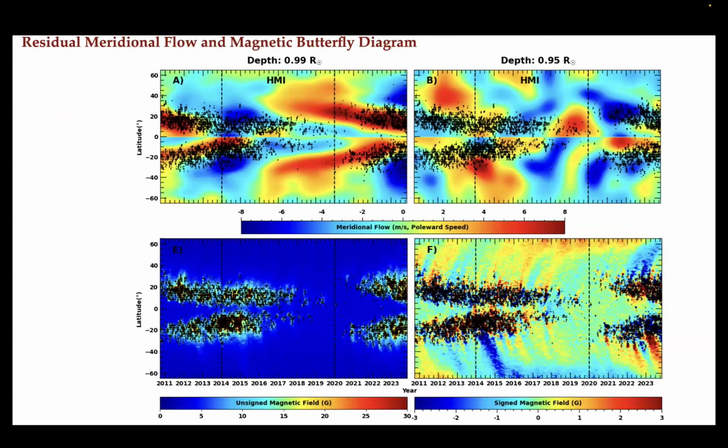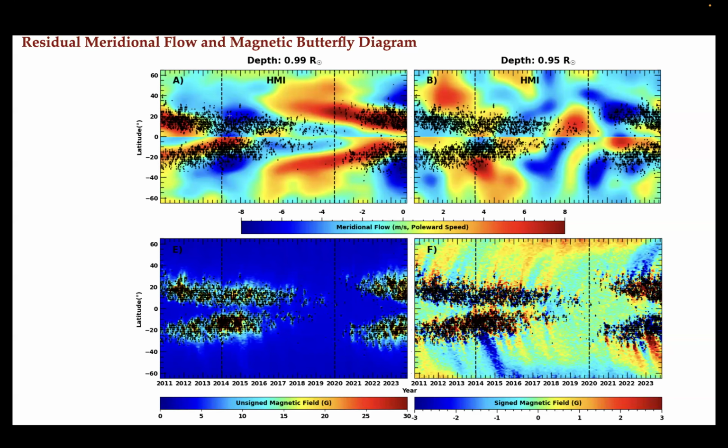It's the same thing. Now, I want to relate this to the butterfly diagram, which is shown at the bottom. The top 2 panels are the HMI results for the residual meridional flow at 2 depths. And you focus on the bottom right panel, where we show the magnetic butterfly diagram. So one thing I want to point out here is that near the surface at 0.99, there is an inflow.